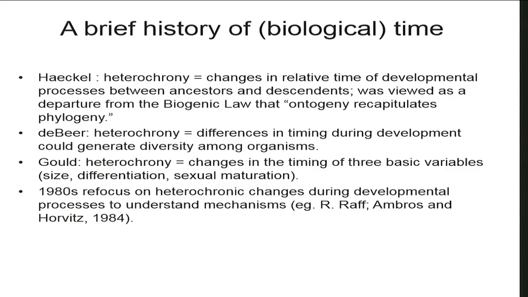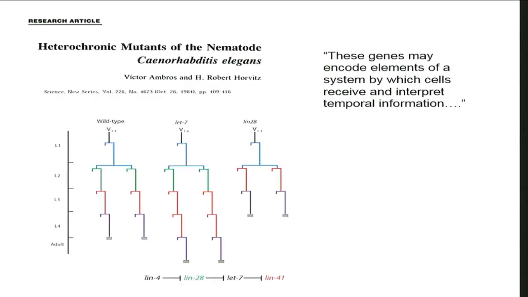Rudolf Raff, and Ambros and Horvitz, on some genetic changes, actually trying to identify genes that change the timing of developmental processes. And I think this paper by Ambros and Horvitz is really quite remarkable in that they first identified a sort of heterochronic pathway.